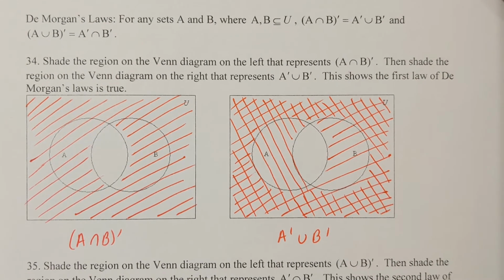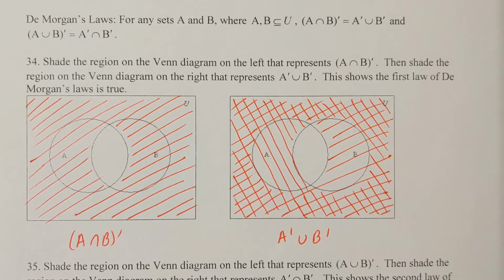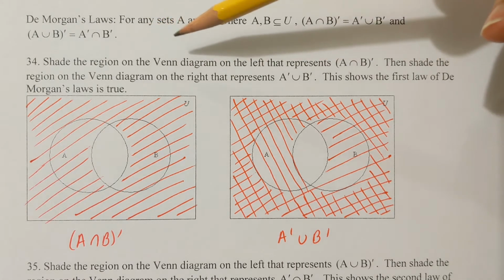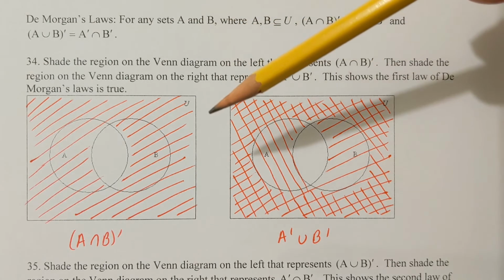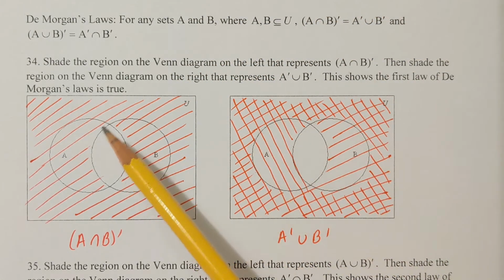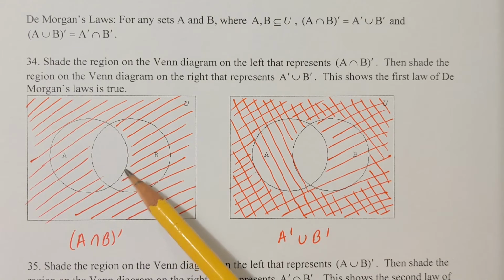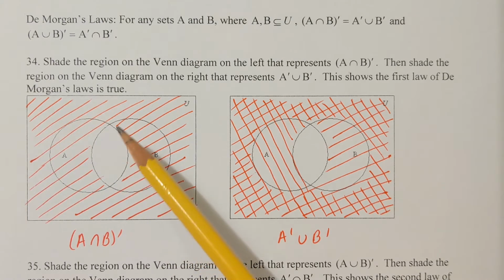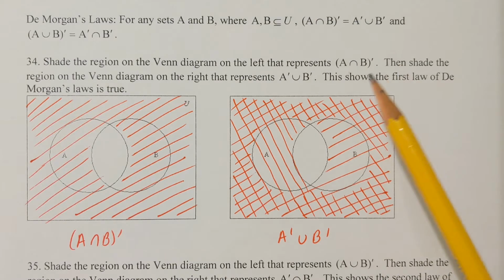Problem 34 is where I want to shade the region on the Venn diagram on the left that represents A intersect B complement, and then I'm going to shade the region on the Venn diagram on the right that represents A complement union B complement. So okay, A intersect B, that'd be this part right here, right? Intersect is where I'm talking about both the sets together, and I want the complement of that.